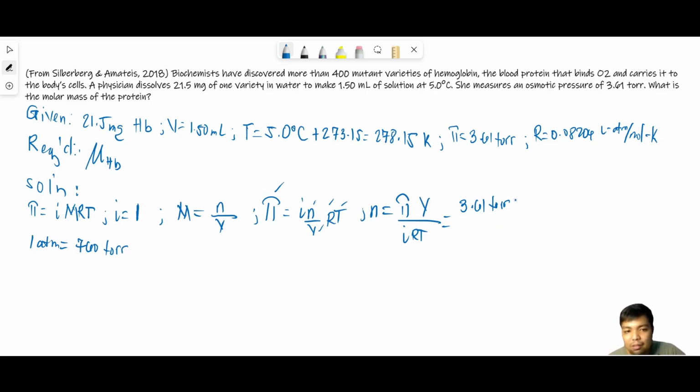Our unknown unit is atmosphere, so it will be in the numerator of your conversion factor, then at the denominator will be torr, which is 760.